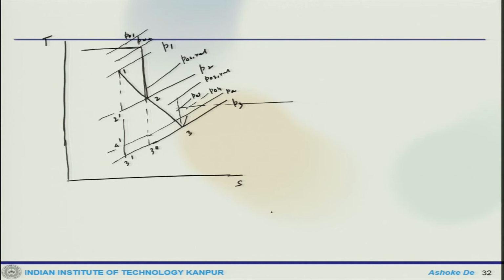Okay. So, this is 02, this is 01. So, this point is V1 square by 2 Cp and this is V2 square by 2 Cp.